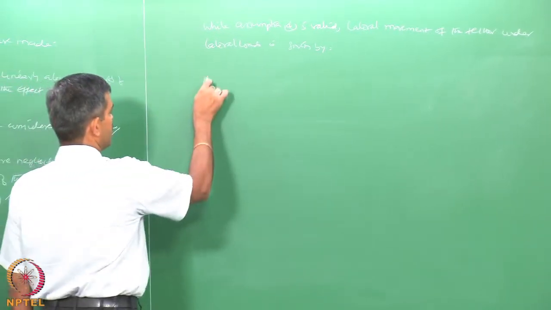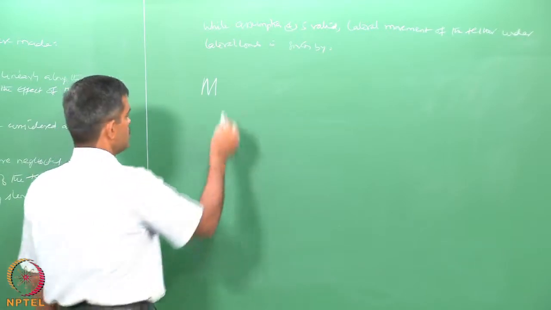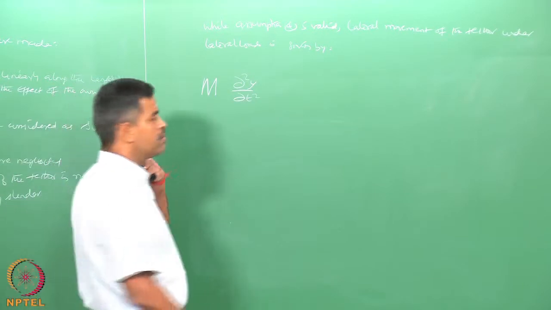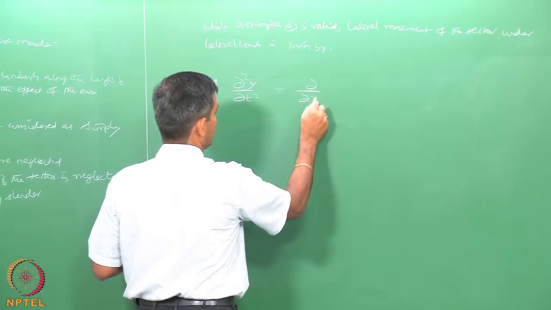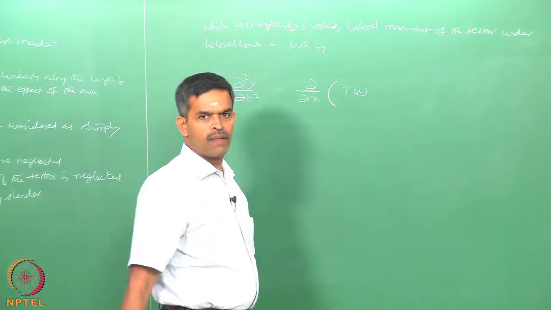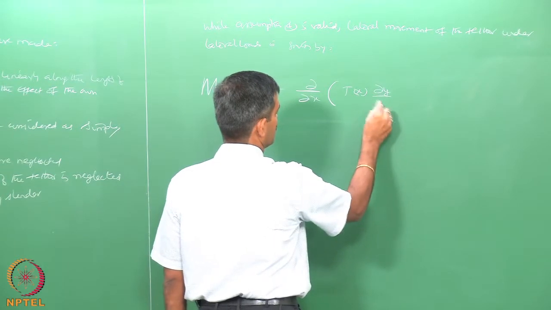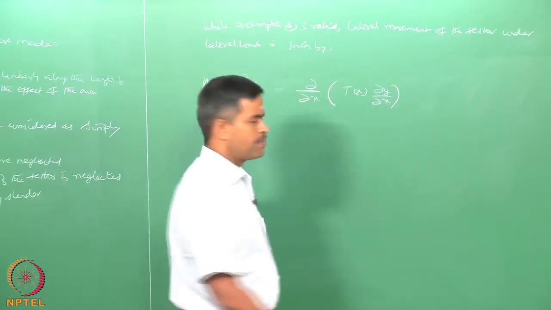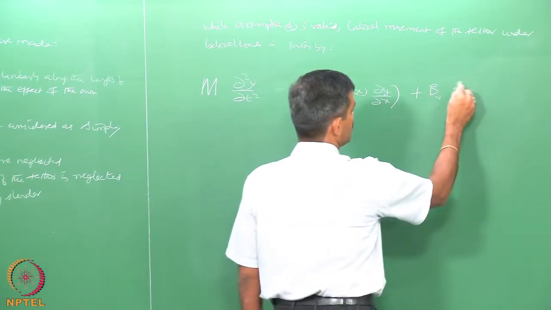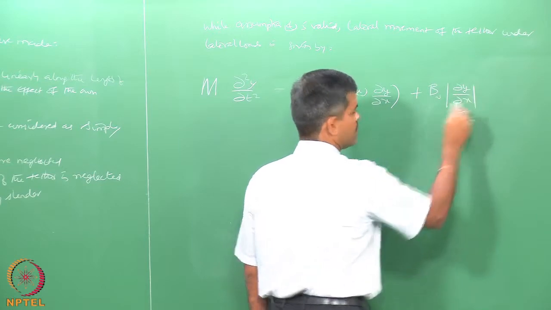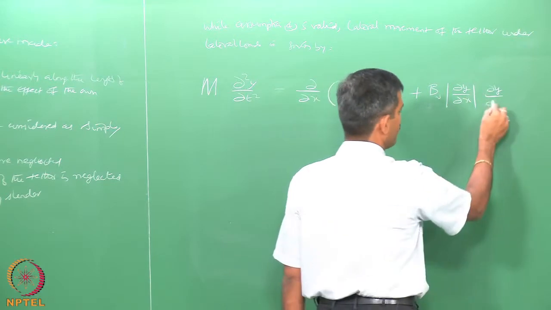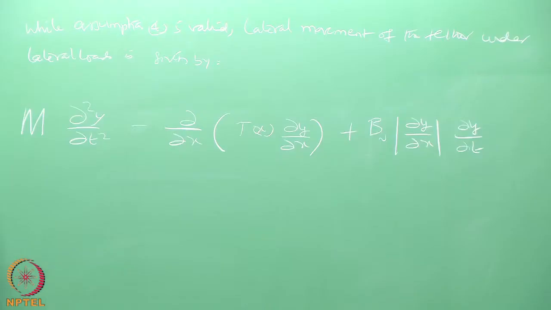I can say m ∂²y/∂t² minus ∂/∂x of (Tx ∂y/∂x) plus Bv |∂y/∂t| ∂y/∂t.